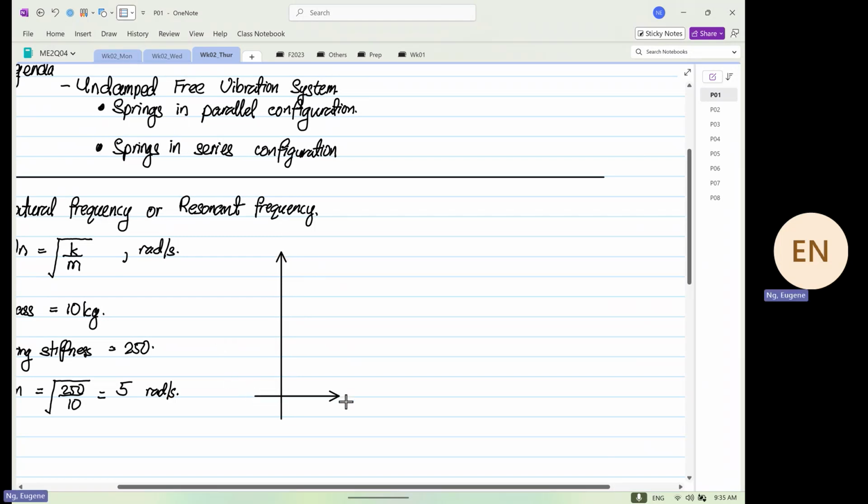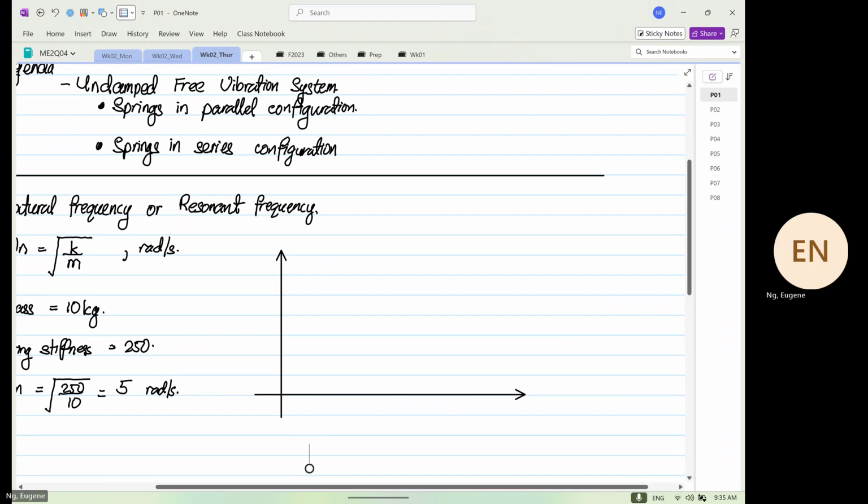So now if we have an axis over here, and I'm going to plot this as 1, 2, 3, 4, 5, 6, 7, 8. On the x-axis is omega, and this is in radians per second. And on the y-axis is our amplitude.